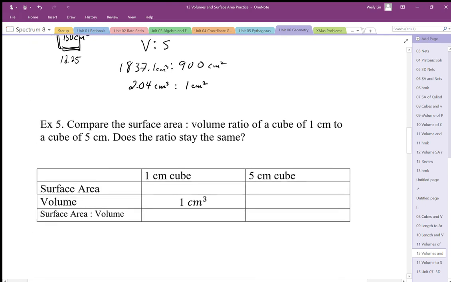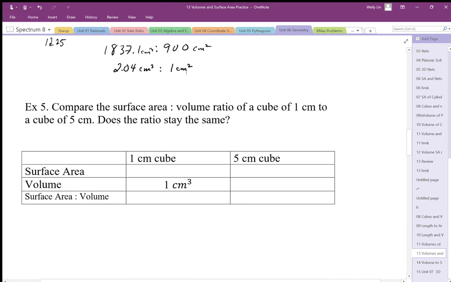So if we take a look at this surface area to volume ratio of a 1 centimeter cube compared to a 5 centimeter cube, well, there's 6 surfaces on a 1 centimeter cube, and each surface is 1 centimeter squared. So this is going to be 6 centimeters squared.